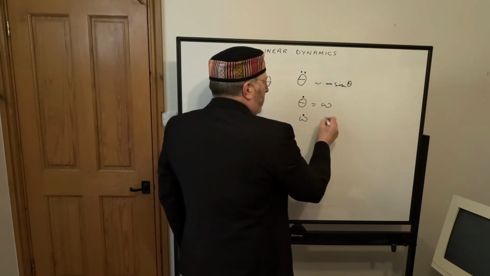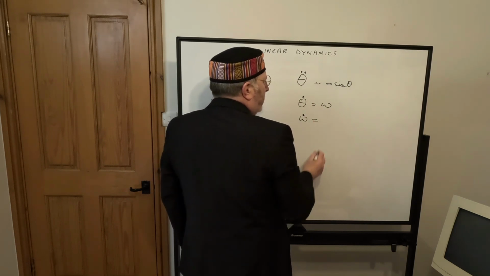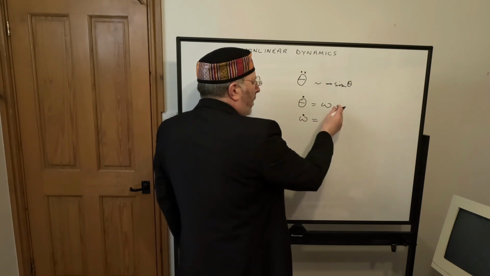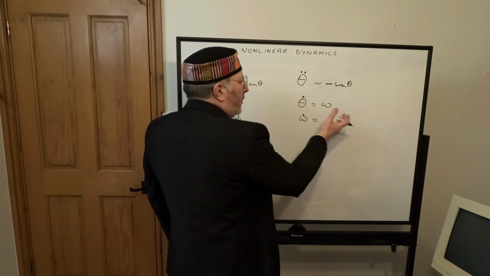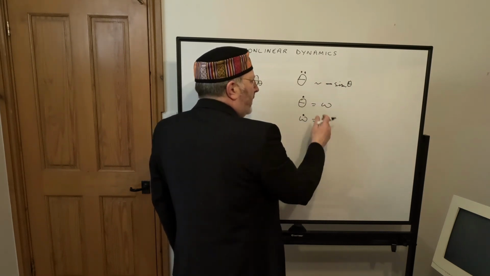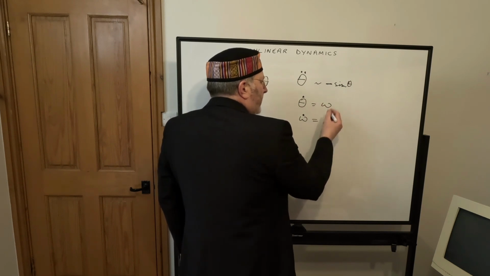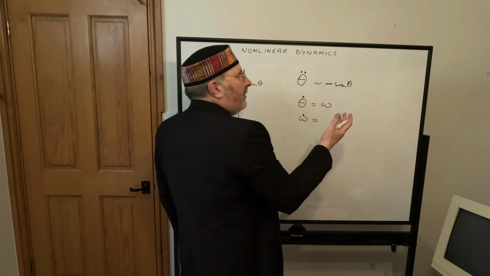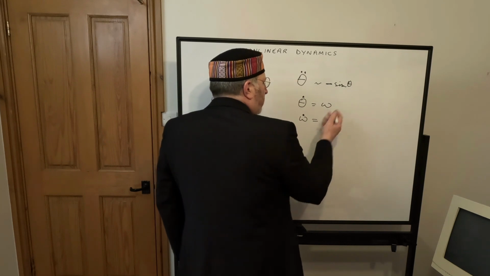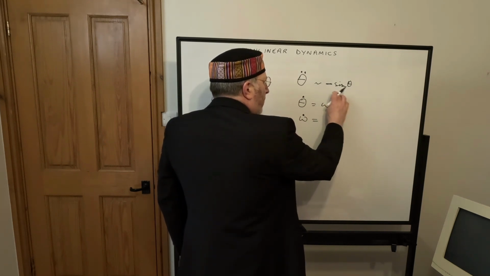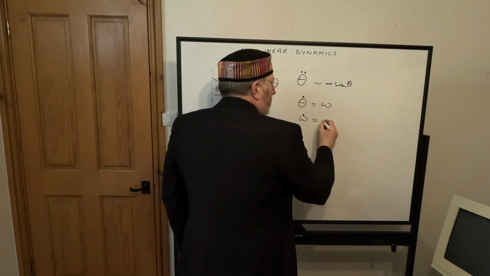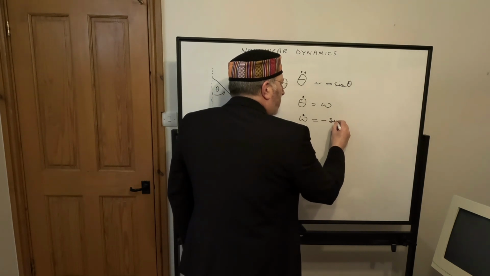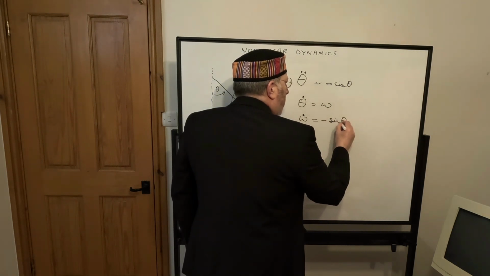Omega dot is proportional to, I'll just put equals, there will be some constant, but we could choose the units so that the constant equals 1. We're only interested in the qualitative behavior of this system, not the quantitative behavior. So we can write omega dot equals minus the sine of theta.